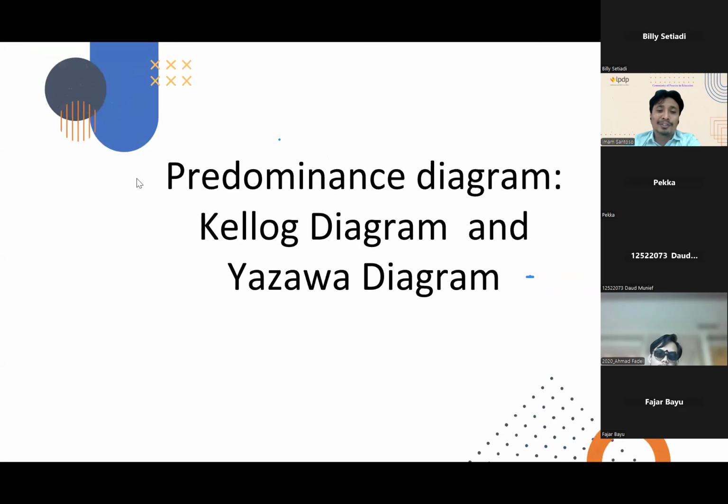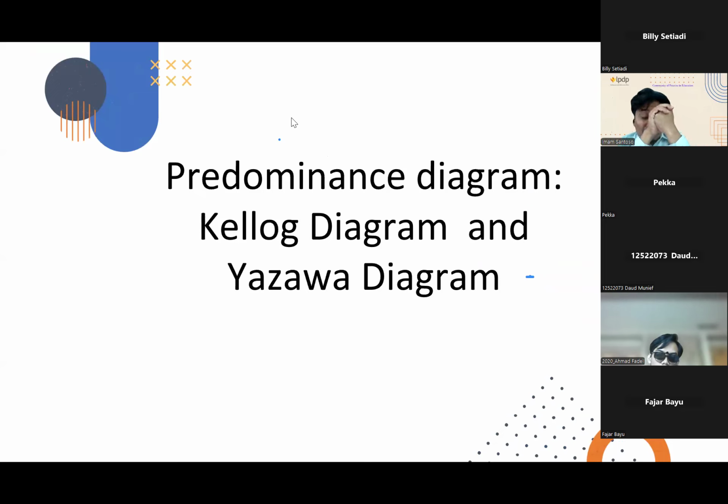If not, I will move to the Kellogg diagram and Yazawa diagram. This is a very important diagram. Again, to plot the Ellingham diagram and the potential diagram, we need Gibbs energy. That's why Gibbs energy is crucial, fundamental.